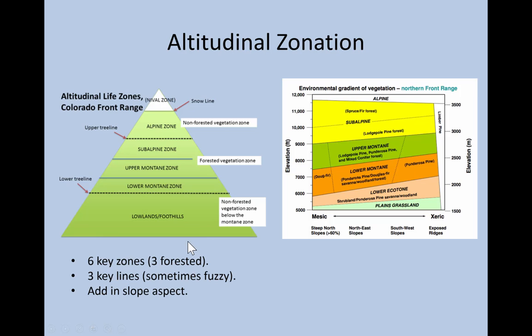So particularly, hopefully, you can now see the influence of 6 key life zones that I want you to understand, 3 of which we're paying particular attention to because they're where forests happen, looking at 3 key lines, even though those lines tend to be fuzzy when you look at them up close, and adding in the concept of slope aspect, which shifts this nice horizontal layer cake of a model into something that looks a little bit more tilted, like we see here. Within that, there are a number of different communities and species I'd like you to be familiar with.